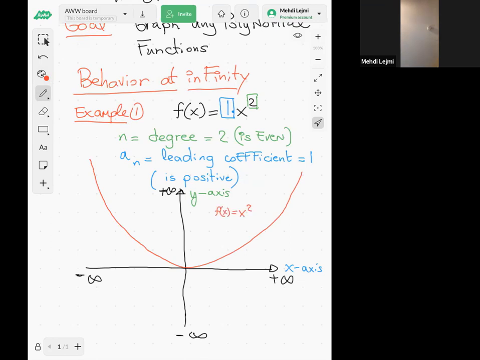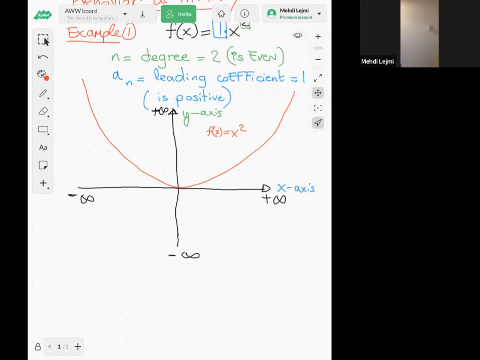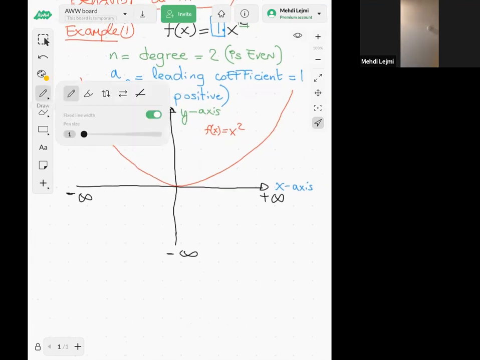Now, as I said, we are interested in the behavior at infinity. When your x approaches infinity, you're on the x-axis, let's say your x is here. What happens to the value of the function f? Well, you see here, the output also approaches infinity.